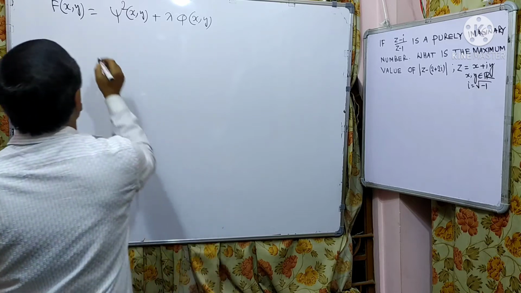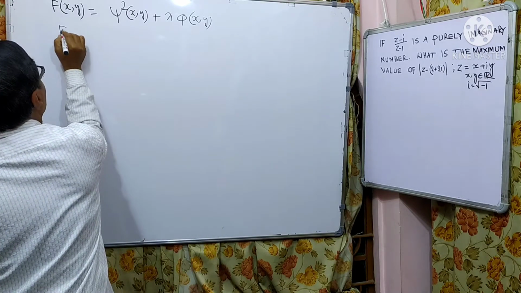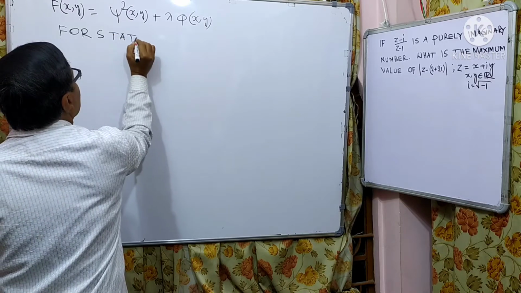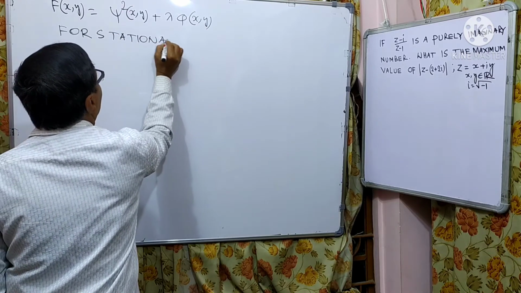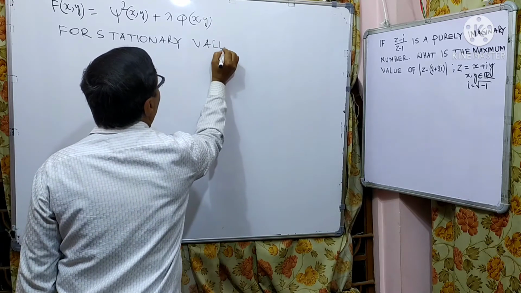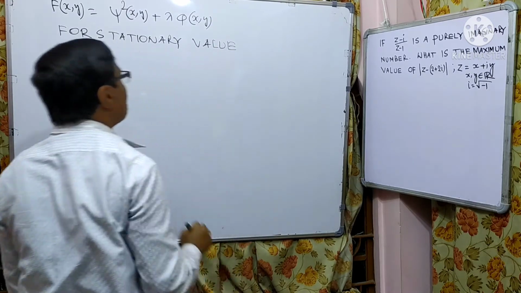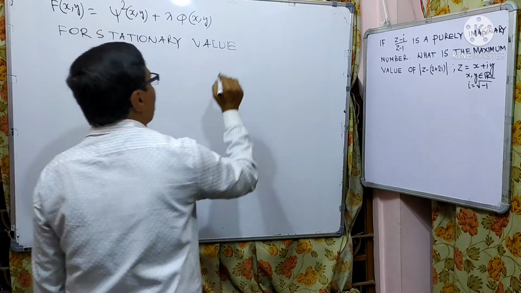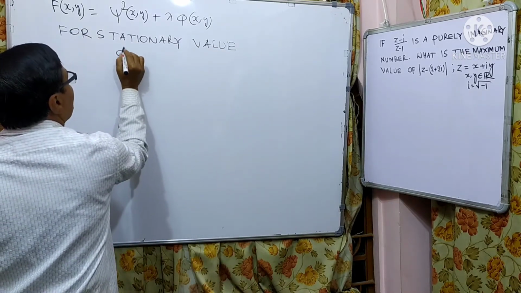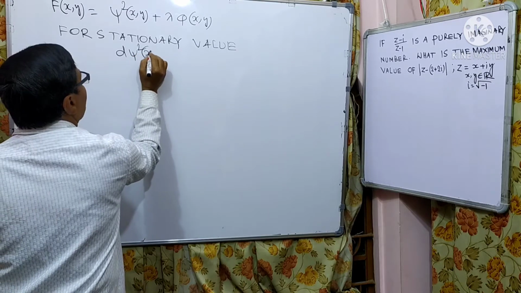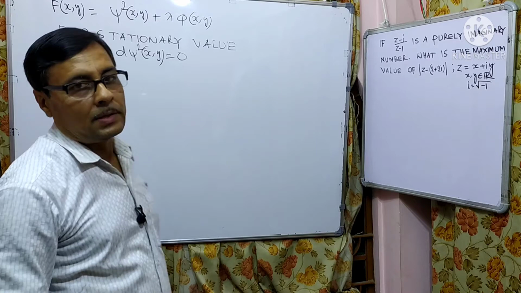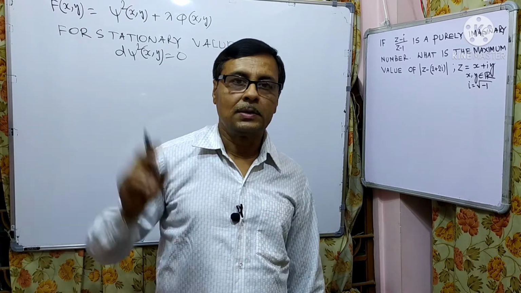So for the stationary value, d psi²(x, y) = 0, because psi² is our objective function.